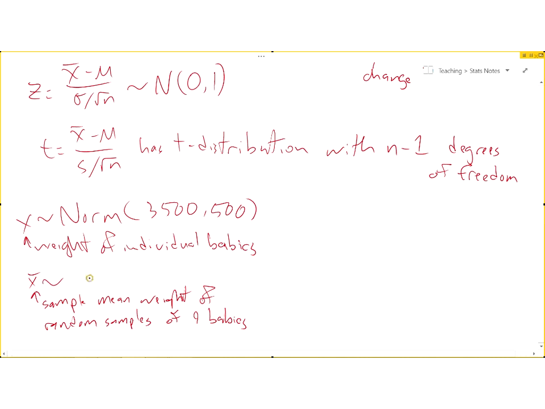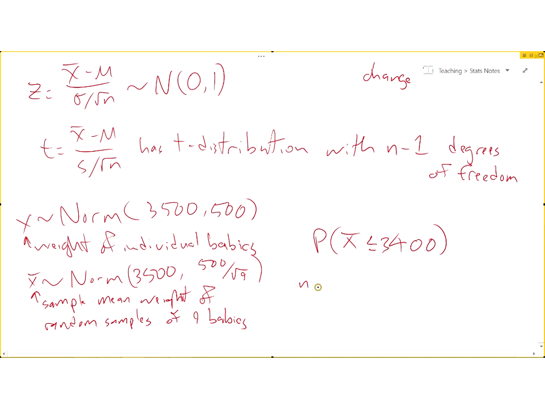Well, if the original population is normal, this is also normal, with a mean of 3,500, but the standard deviation, or standard error, is 500 over the square root of 9, or 500 over 3. 3 doesn't go into 500, so I just leave it as 500 over 3. And so the question is, what's the probability that you'd end up with an X bar no higher than 3,400? Is that an unusual result?